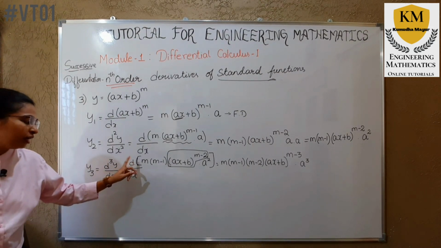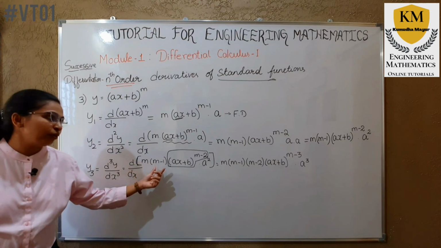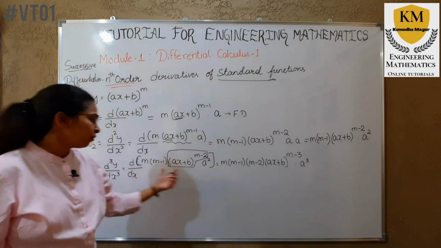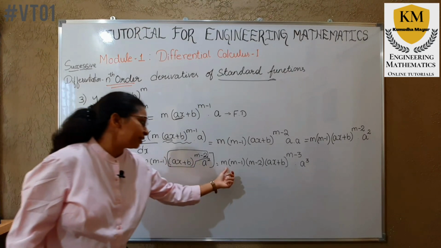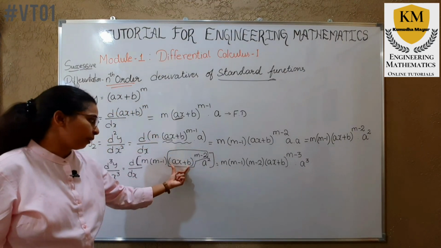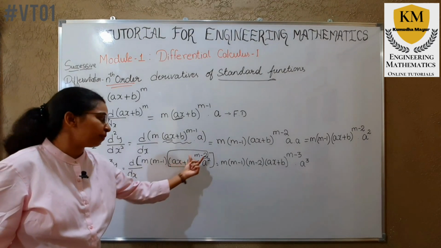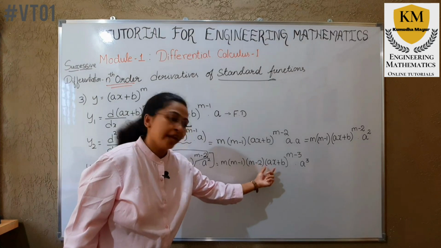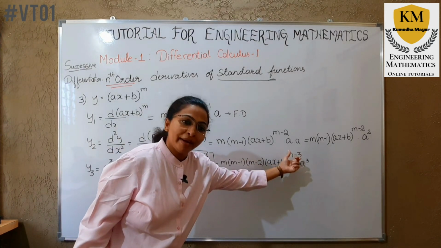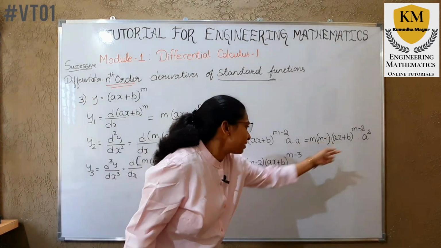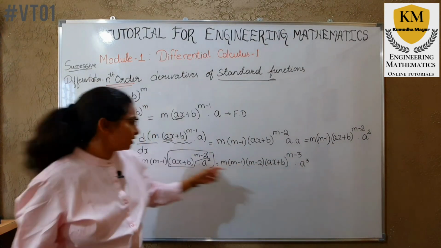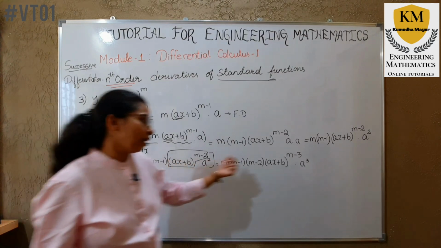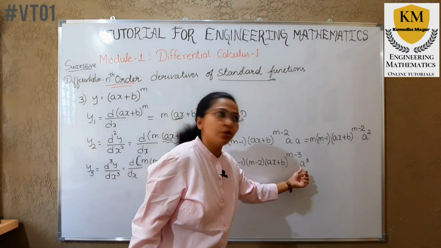When you differentiate d by dx of m into m minus 1 into (ax plus b) whole to the power m minus 2 into a square, keep these constants as it is, m into m minus 1. So when you differentiate (ax plus b) whole to the power m minus 2, you are going to get m minus 2 into (ax plus b) whole to the power m minus 3. a square is a constant, I am just keeping it as it is. Since it is ax, if I differentiate this ax again, I am going to get one more a, that gives you a cube.